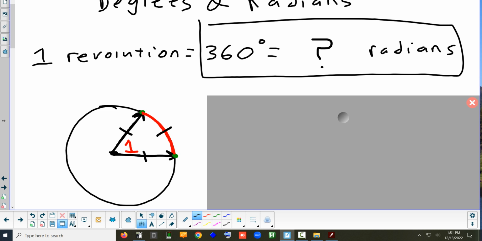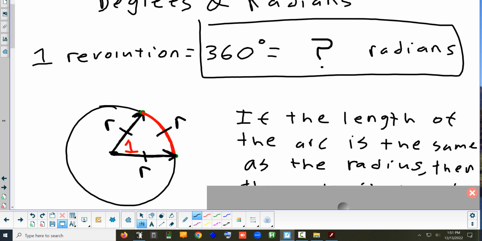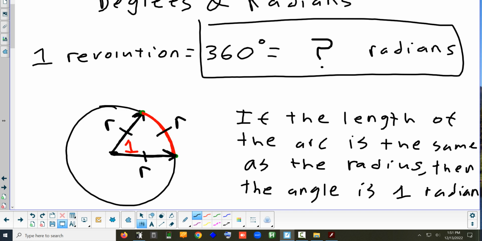Since this side of the angle comes from the center and goes to the edge, what do you call something in a circle that goes from the center to the edge? It's the radius. So all 3 of those things, the 2 sides of the angle and the arc in red, would come out the same length, only if that angle was 1 radian. And that's exactly what I just put right here.